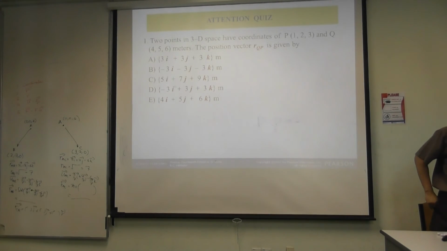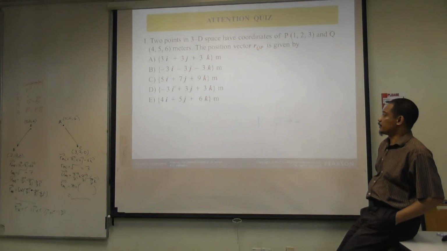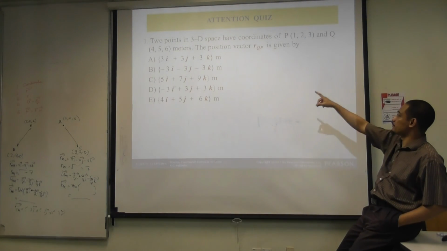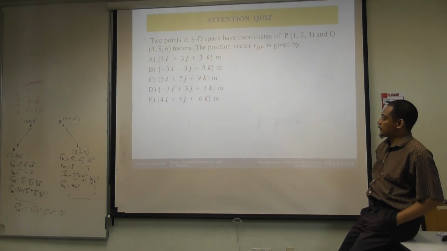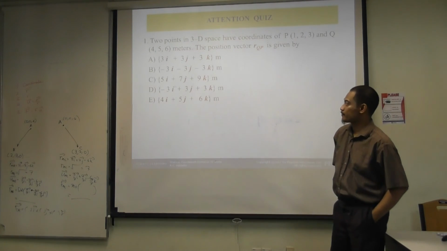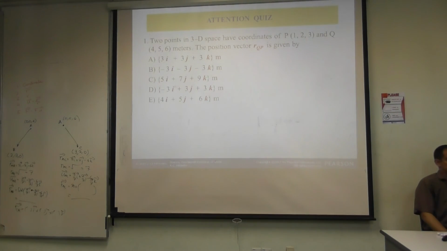Attention quiz. Alright, so just to see if you are paying attention. If you have 2 points, P is the 1, 2, 3 coordinate, Q is 4, 5, 6. Position vector r QP will be which one? A, B, C, D, or E? Okay, which one minus which one? So that's the thing here, right? P minus Q, you'll get a negative answer, right? So it should be P, right?